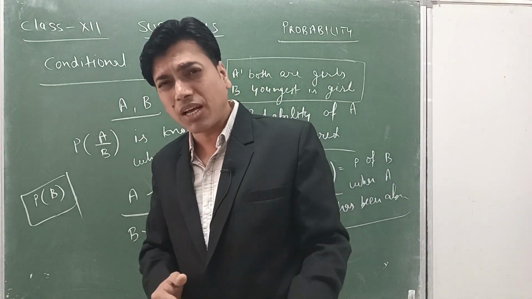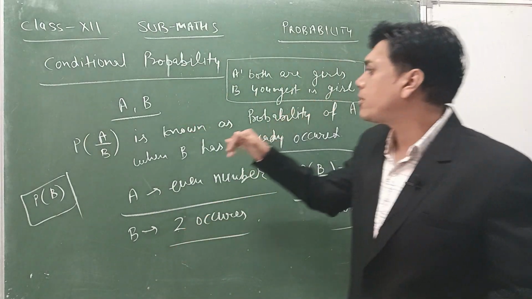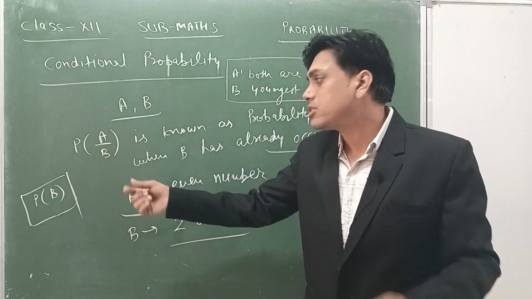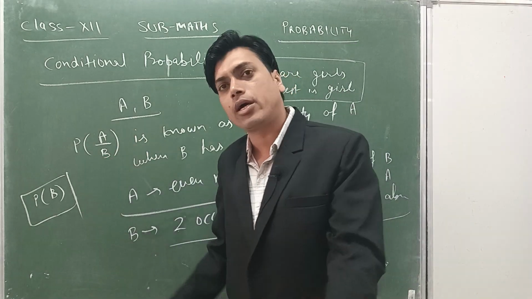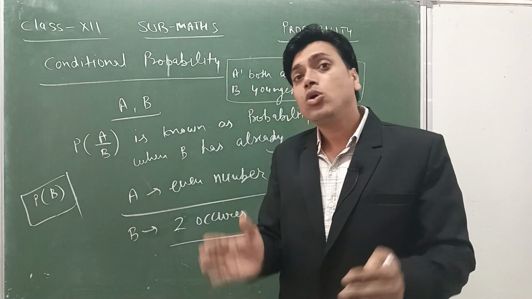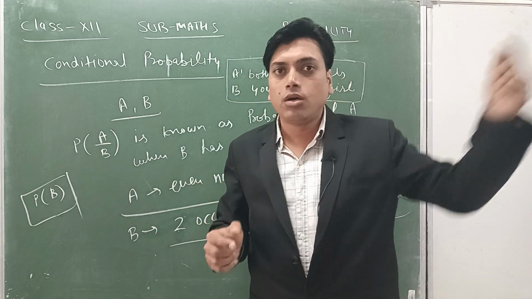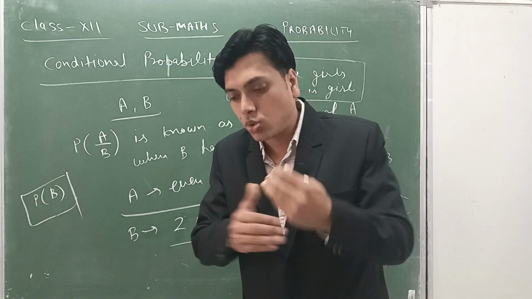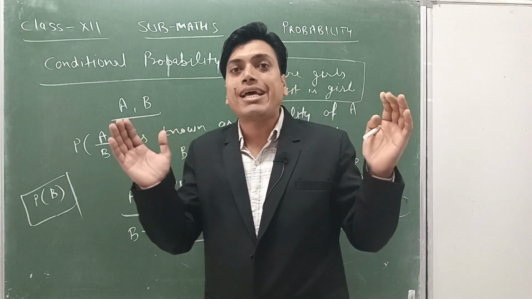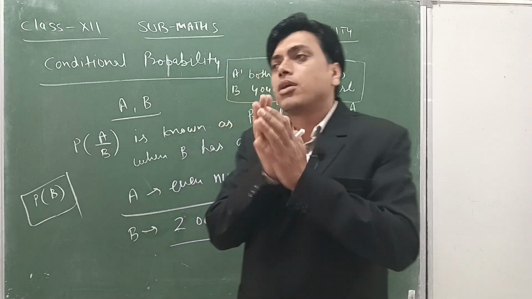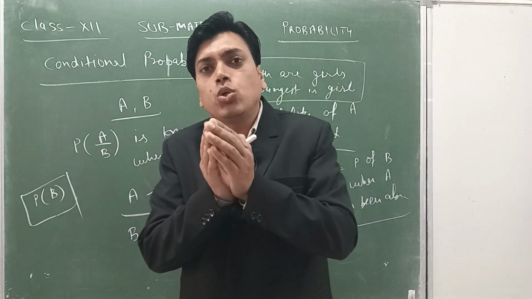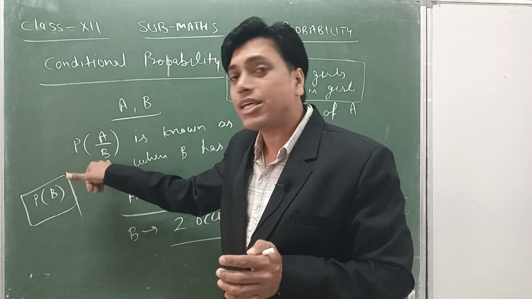Similarly, if we are finding the probability of A by B, it means B has already occurred. Now the total possible outcomes out of which A would have been chosen have changed into B only, because B has already occurred.